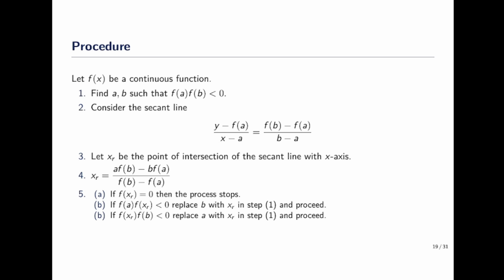Case 3: if f of xr times f of b is less than 0, we will replace a with xr in step 1 and proceed. This process will continue until the interval length is less than a given epsilon.